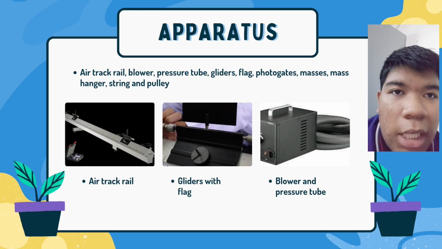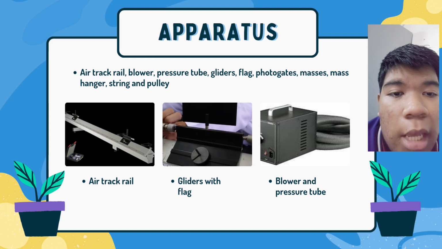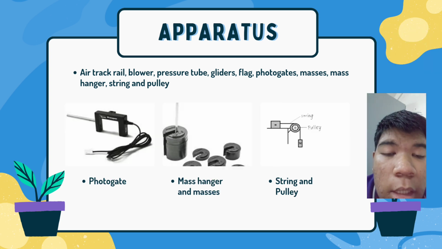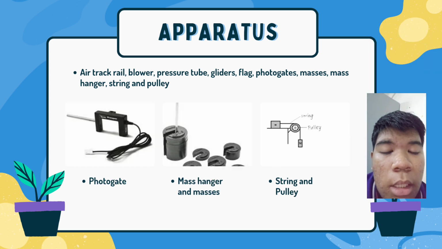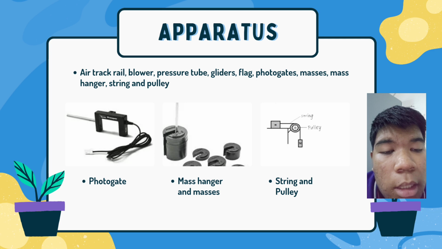You also need gliders with a flag to put on the air track rail, and a blower and pressure tube to provide the air, and a photogate to capture the moment when the glider slides through the air track rail and to capture the time it took to travel between the distances, and a mass hanger and masses, with the string and pulley at the end of the air track rail.